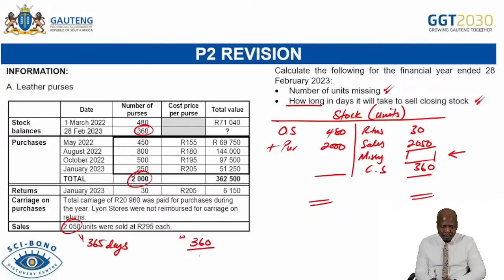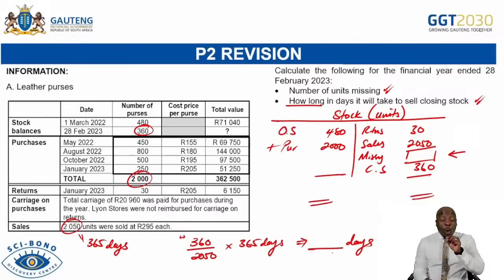When we sold 2,050 in 365 days, then it will give you the number of days it will take to sell the closing stock. Or the examiner can ask the very same thing. The examiner can say, calculate the stock holding period. Then in brackets, the examiner says, use closing stock. Very same thing.